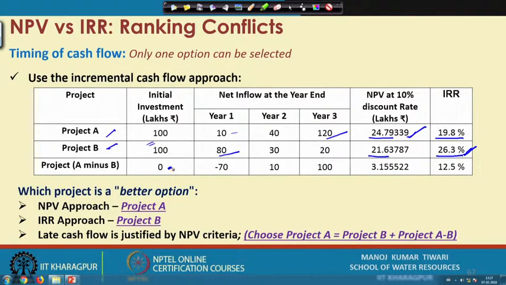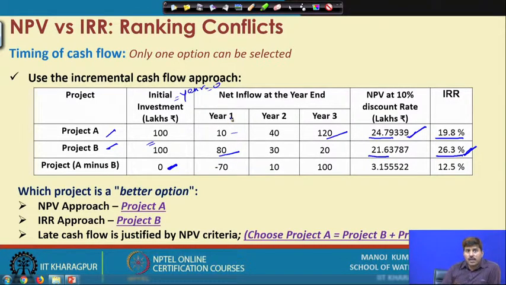Here the initial investment is also the same. So, if you develop such a project of the differences, we will see that the initial investment is 0. Let us develop a project A minus B, which says that at year 0 it is going to be 0. Now, in year 1, project A is generating 100 and project B is generating 80.